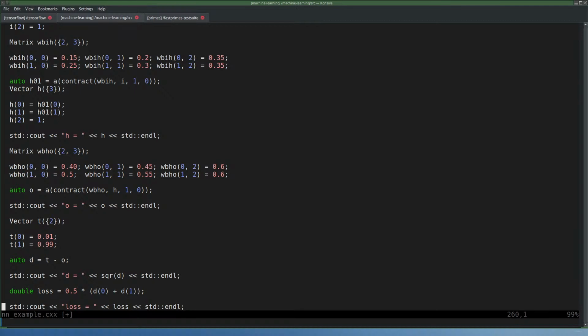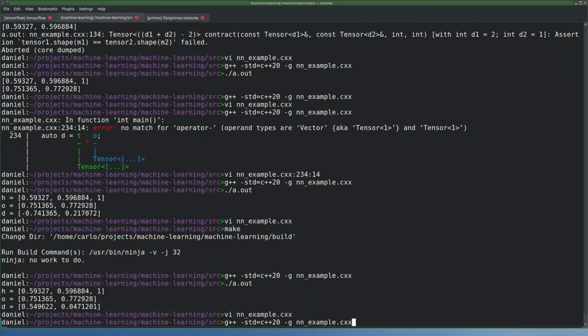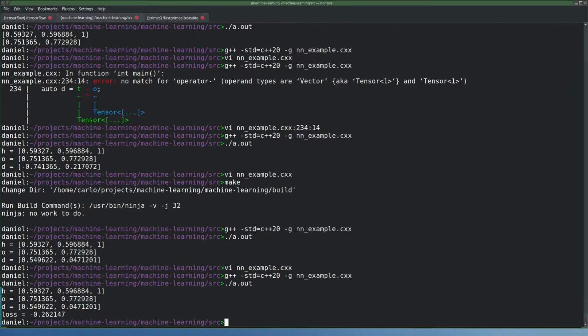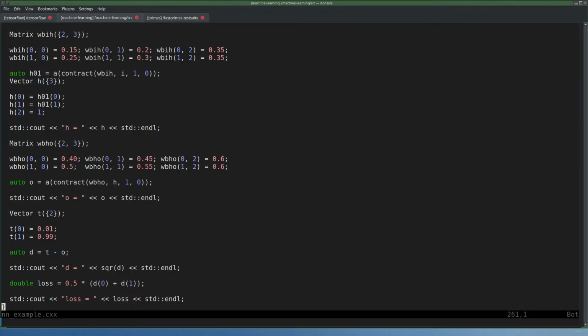How can the loss be negative? Been adding the wrong stuff.